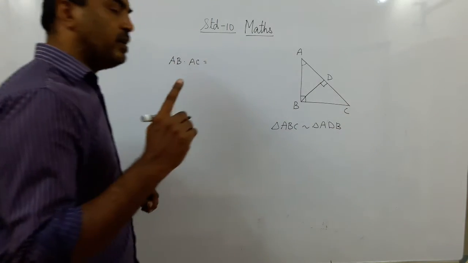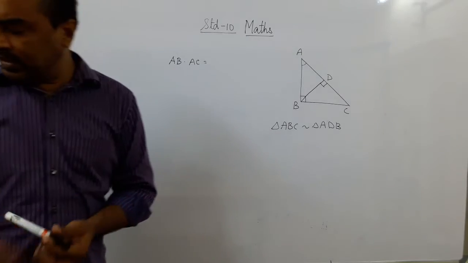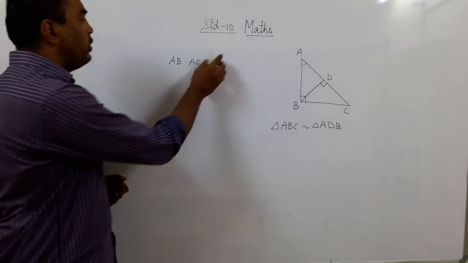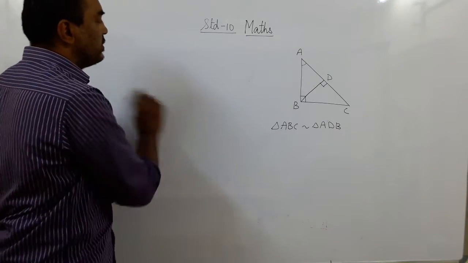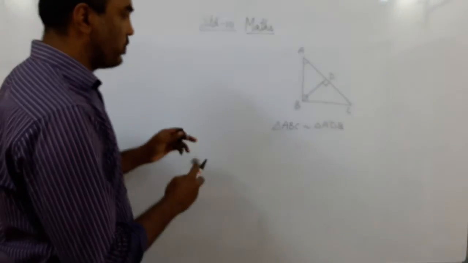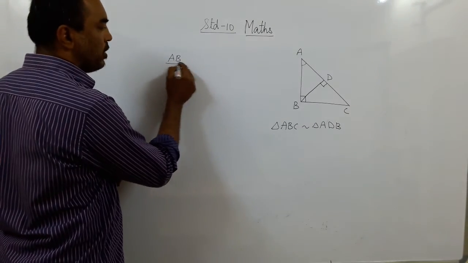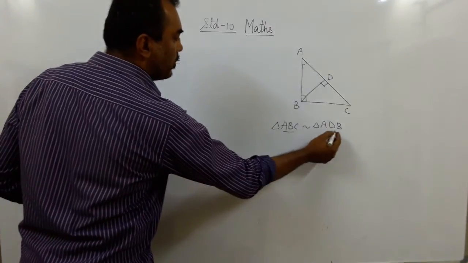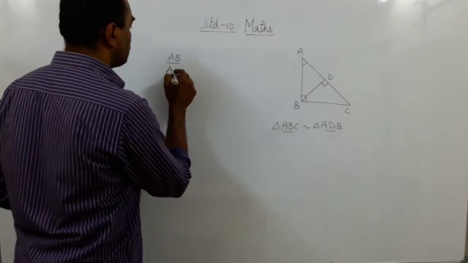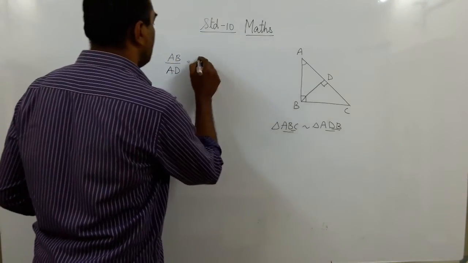Now we used one condition in the Pythagoras theorem, but here I want to show one more condition, the one which we left out. We had used only one ratio. The second ratio we had not used, but I want to use that ratio now. We have AB upon AD equal to BC upon BD.